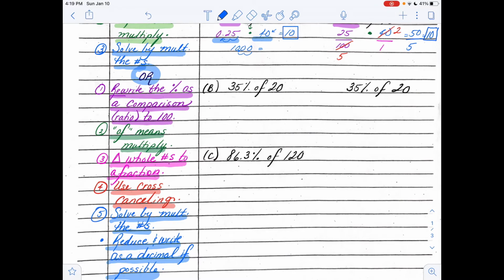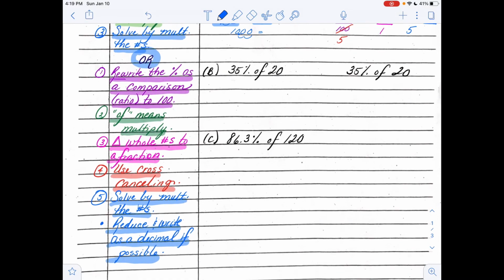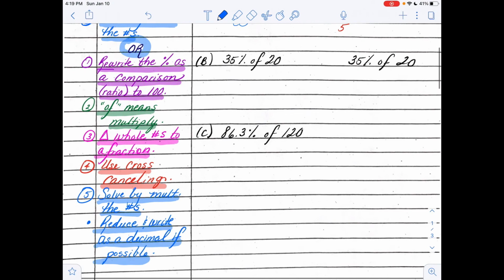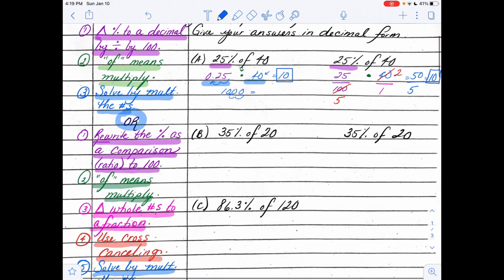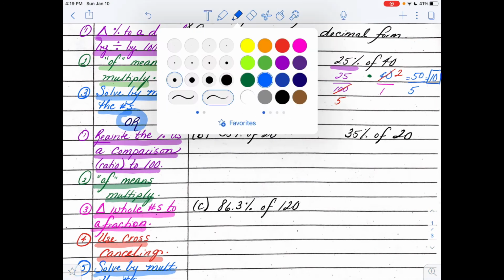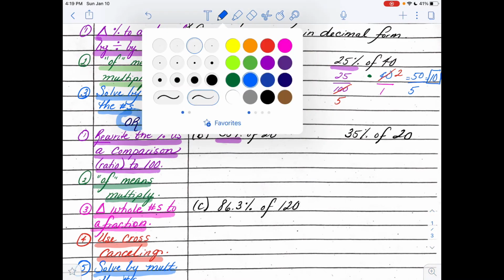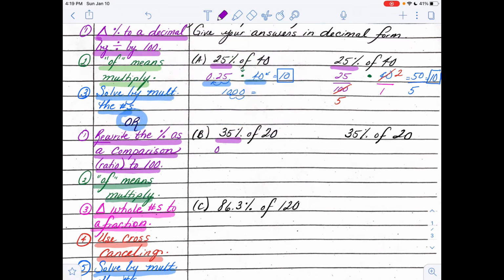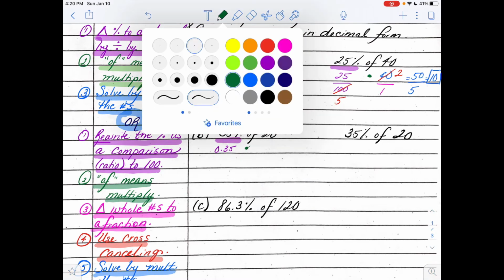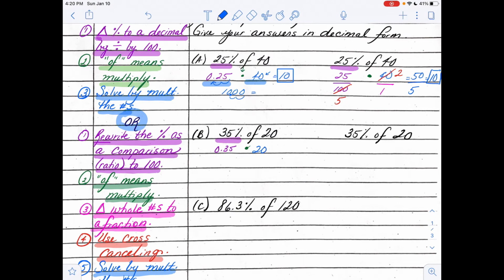So let's try this one more time. 35% of 20. Again, step one says the first thing I want to do is change that percent to a decimal. So 35% as a decimal is 0.35. Of means times, and I multiply that by 20. Let's pretend I can't see that 0 and do 35 times 2.